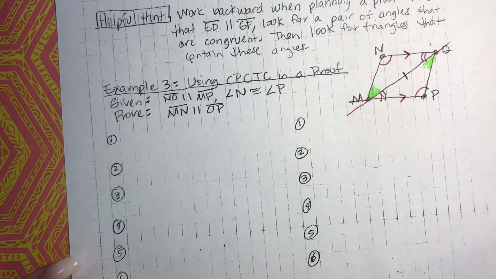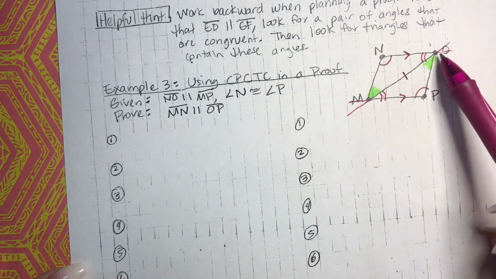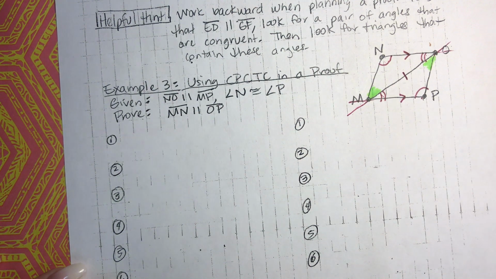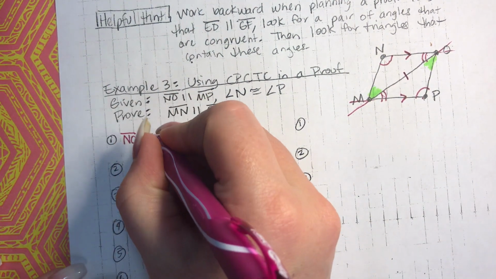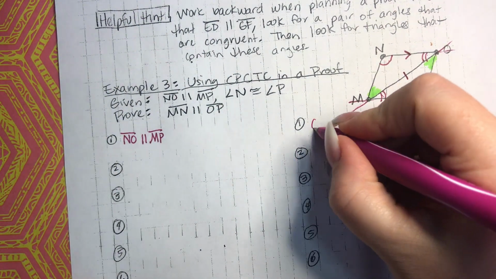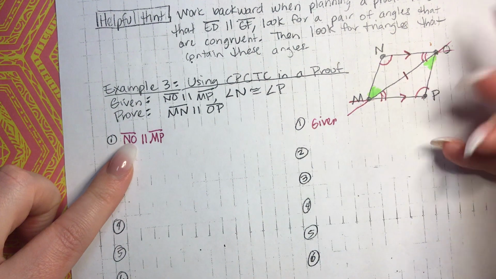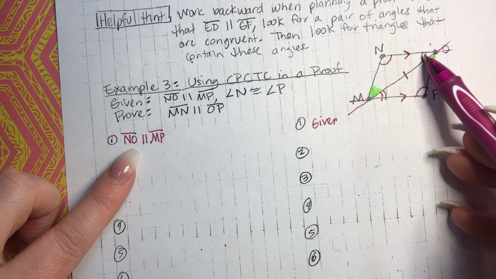Let's go ahead and write it all down. So the first thing I'm going to do, I'm going to go here: NO is parallel to MP. Okay, that's just given, right? And because of that given information, we can say that these two angles are congruent.